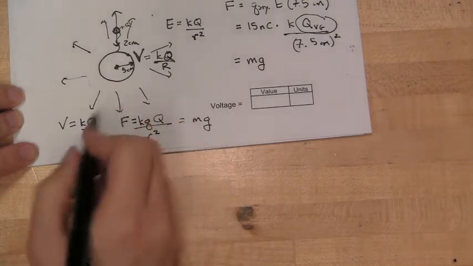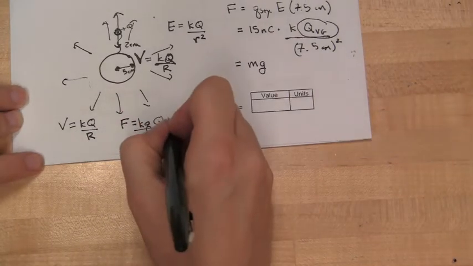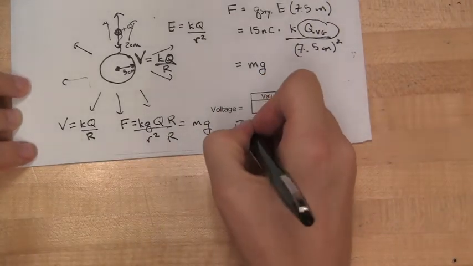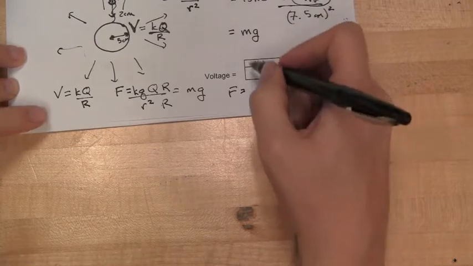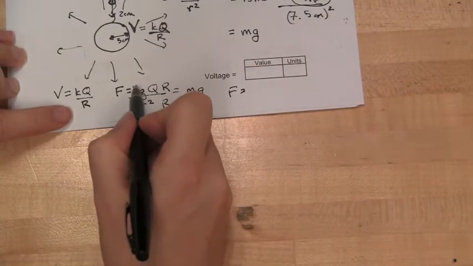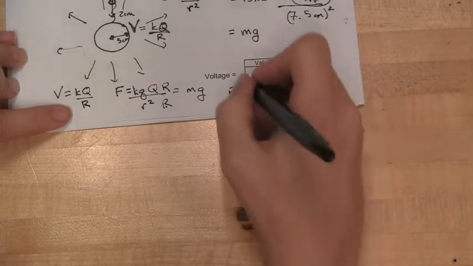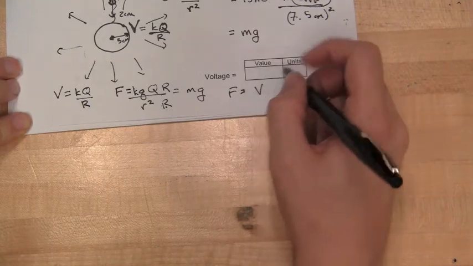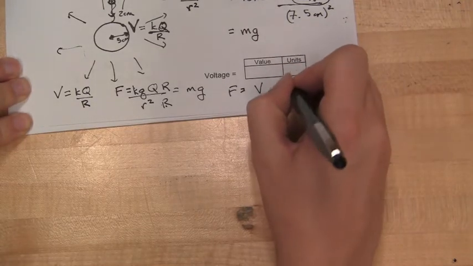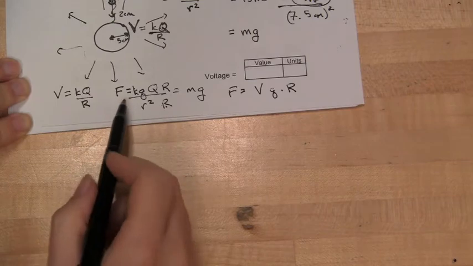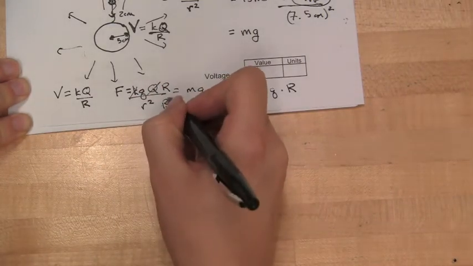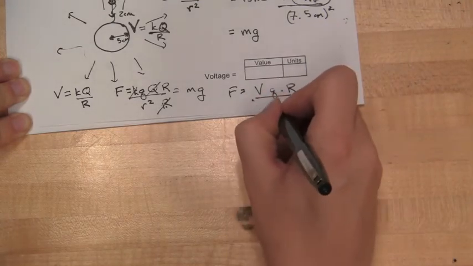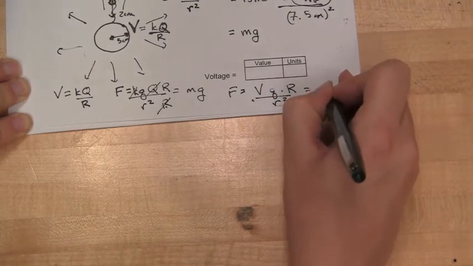So if we multiply force by big R and divide by big R, so we haven't done anything, then we can see that the force is equal to, this kQ over big R is the potential. So force is equal to the potential of the sphere times little q times big R, and kQ over R is V, so V times q times big R, over little r squared, and this is equal to mg.